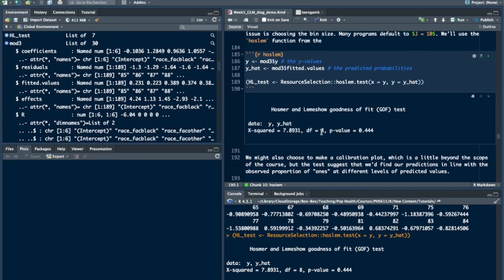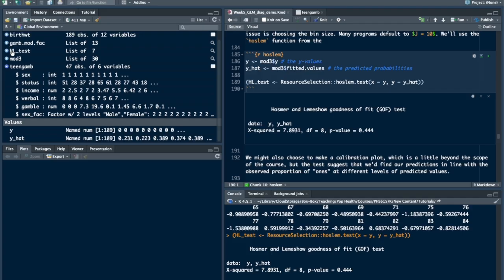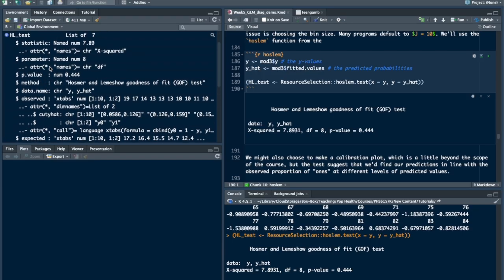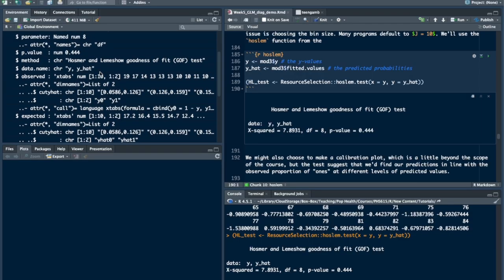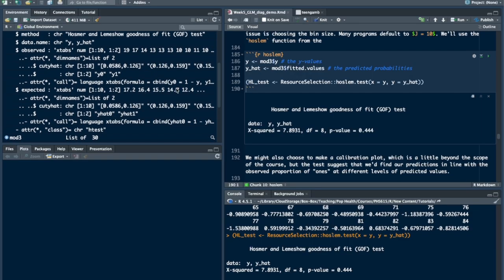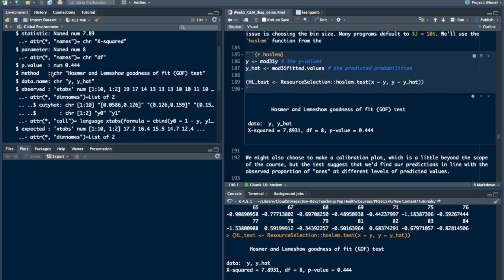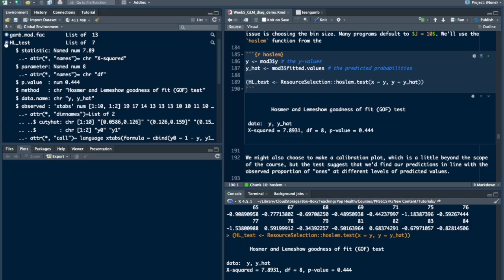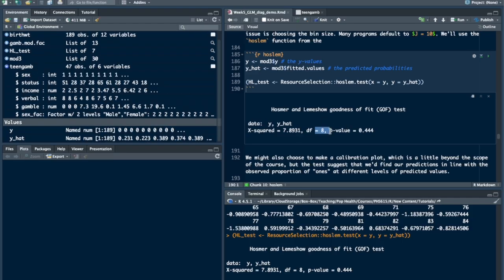And I can see for this particular piece, there's lots of stuff in there. It gives you the observed counts and the expected counts. You can take a look at that across the 10 groups. The degrees of freedom of the test is the number of groups minus 2, which gives us a chi-square distribution as a reference point.